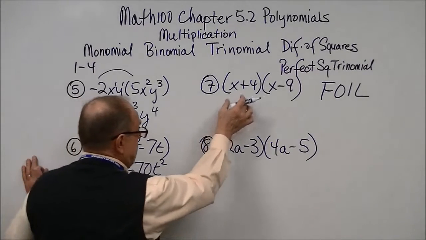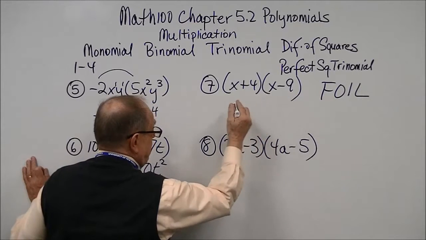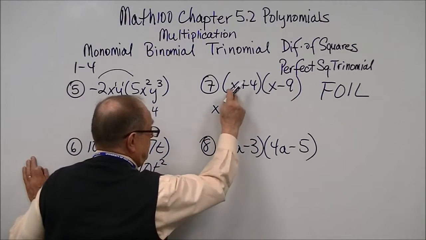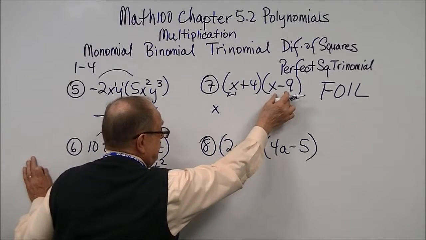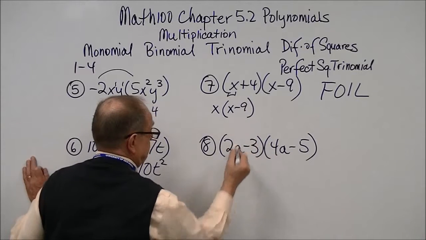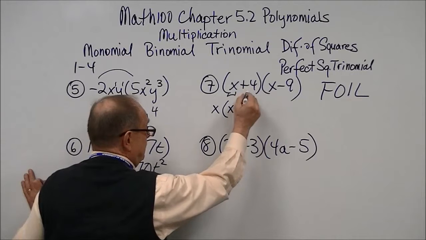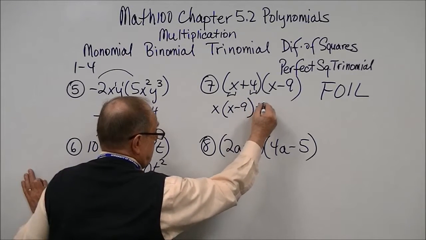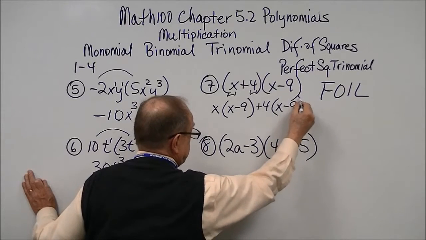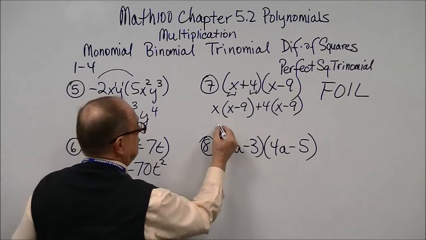Now the rule is, when you have a binomial and you're multiplying it by another binomial, you take the first term of the first binomial and multiply it by the second binomial. Then you take the second term of the first binomial and multiply it by the second. Then you distribute.